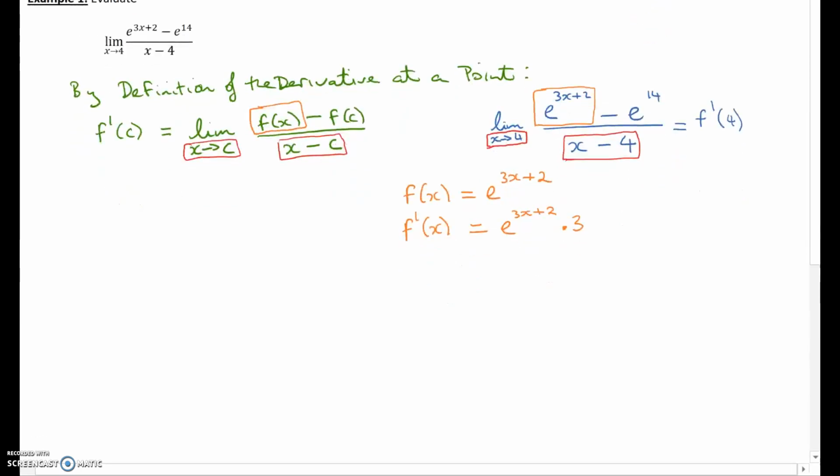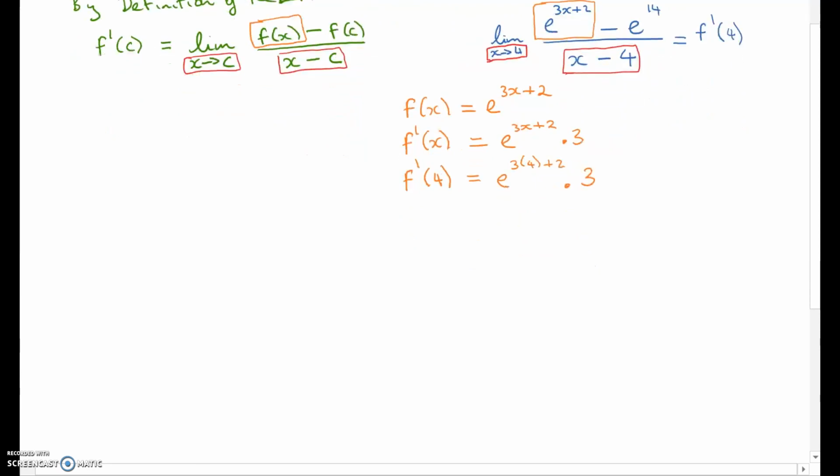Now, just a reminder, we wanted to evaluate this at f prime of 4, so when x equals 4. Just plug that in, and we get 3 times e to the power of 3 times 4 plus 2, which is going to be 3e to the 14.